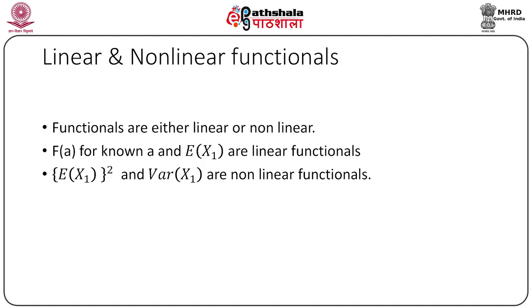Then any linear convex combination of them is also a distribution function. So if alpha is a positive quantity lying between 0 and 1, then for such an alpha, alpha F1 plus (1 minus alpha) F2 is also a distribution function.